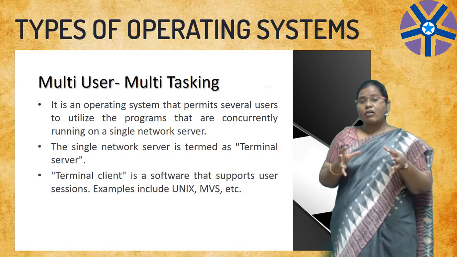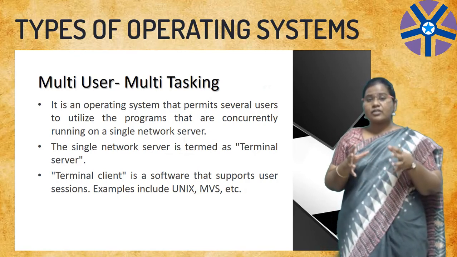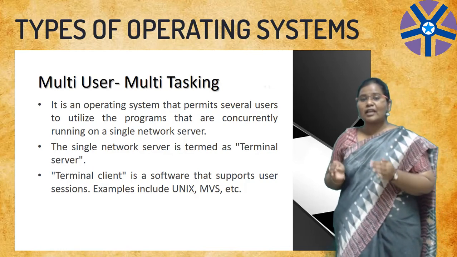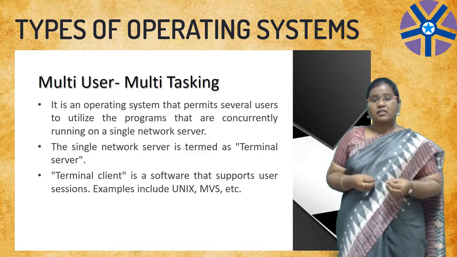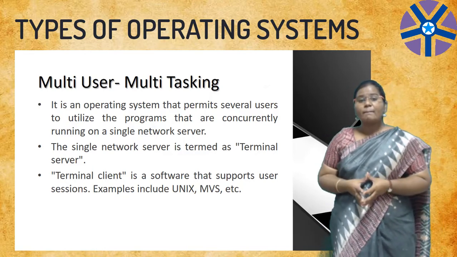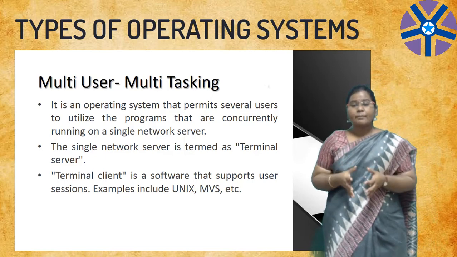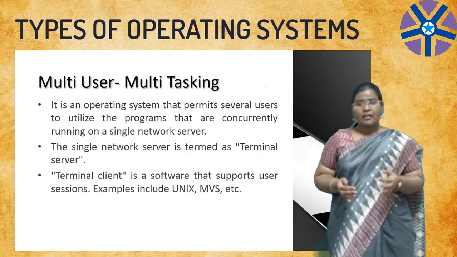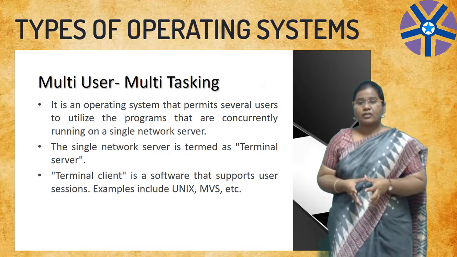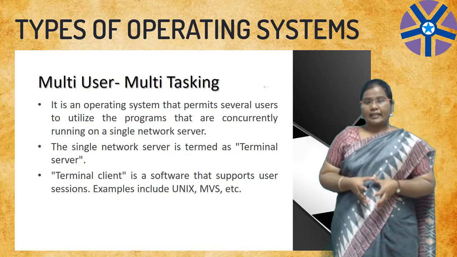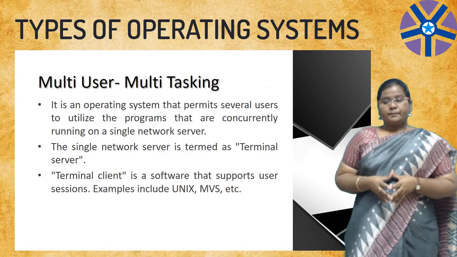The original operating system files are installed in only one single main computer, and there are a number of computers. It allows a number of computers, different devices, to connect with the main computer. So that main computer is called the terminal server, whereas the other computers which are connecting to that main computer are called the terminal clients.